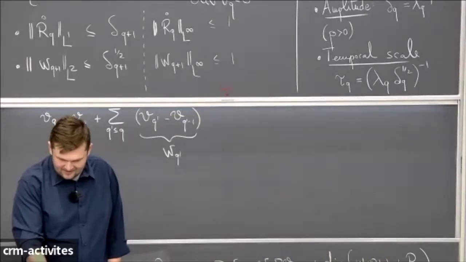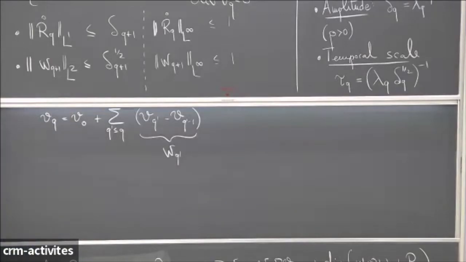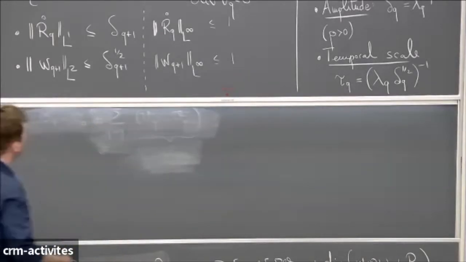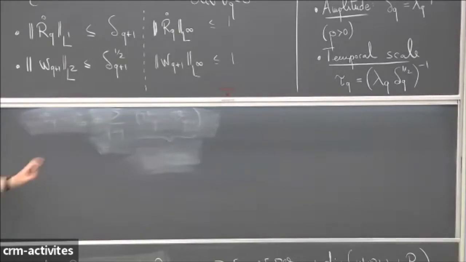As I said, I'm not telling you entirely the truth because otherwise we would not be able to finish this in 3 lectures. What I should really write is not just intuitively this has frequency lambda Q and intuitively this has frequency lambda Q plus 1. I should encode that in an estimate.